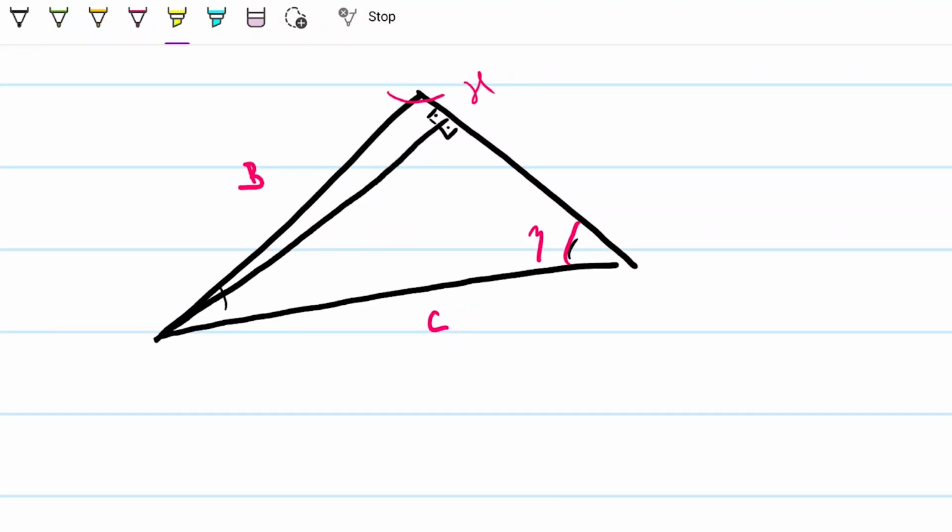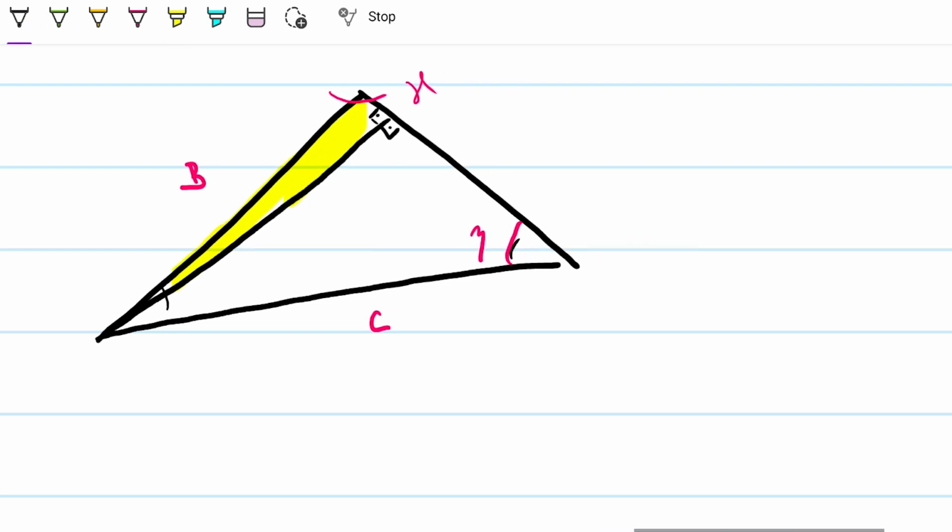This first yellow one here is going to be sine of gamma. What is that? The opposing side, and let's change the letters now. This is not Z anymore, this is Y now.